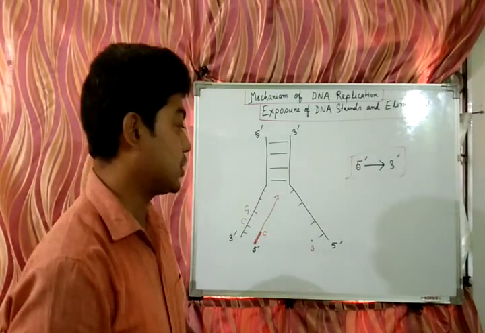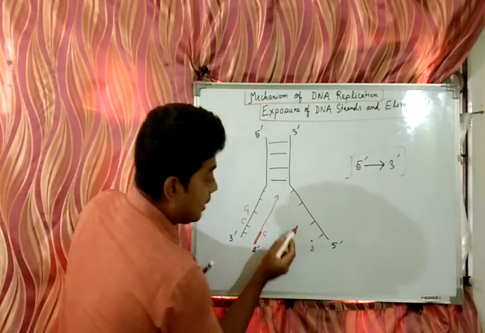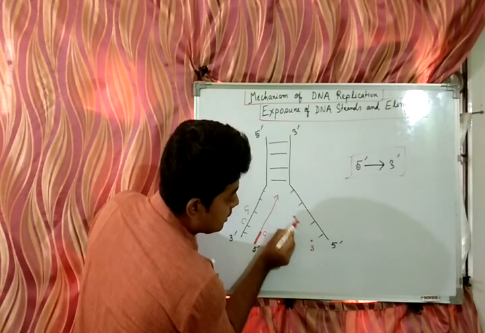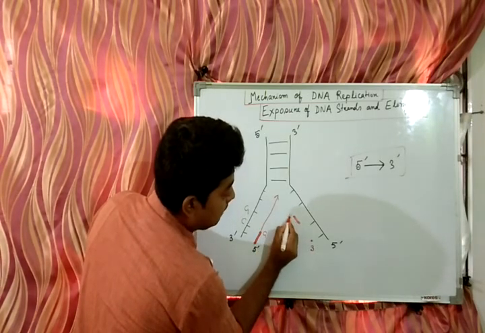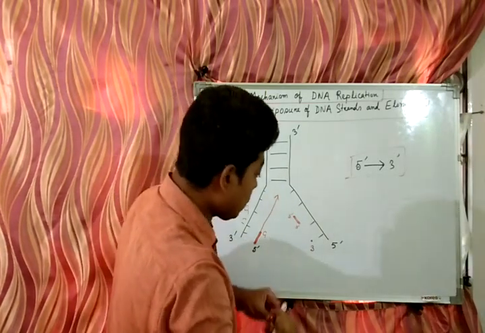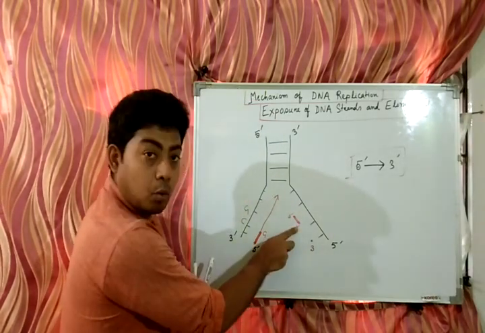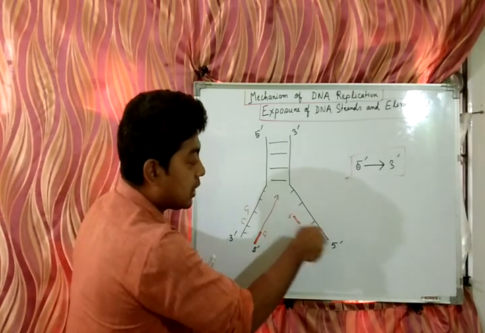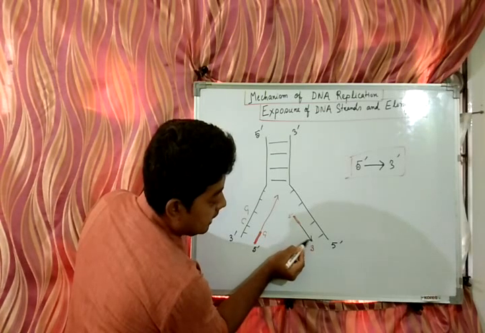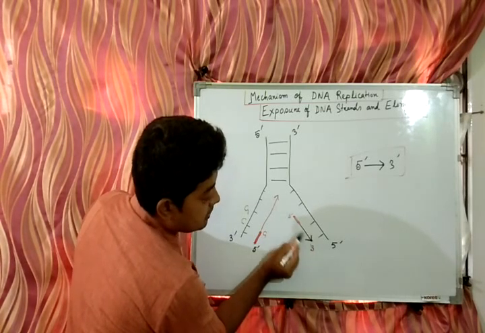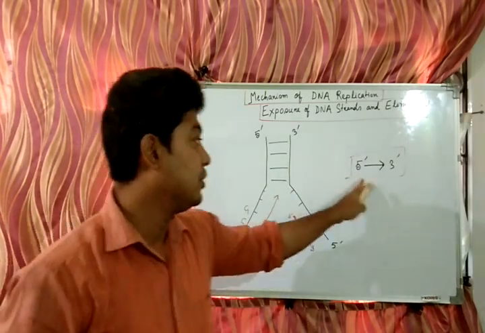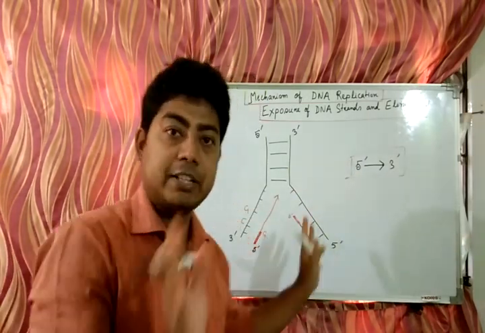So how does it occur? Here the primer binds at this position, and this is the primer sequence, 5 to 3. With this 3 position, that means the OH group is there. According to complementarity, DNA polymerase will join the nucleotides, and DNA synthesis occurs in the 5 to 3 direction. It does not break the rule.